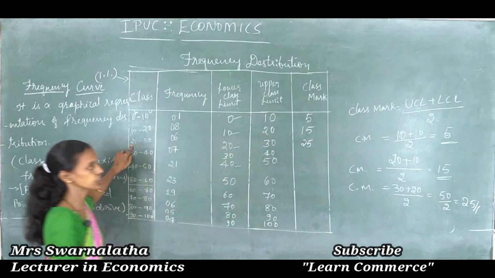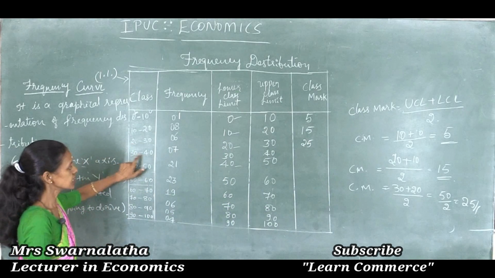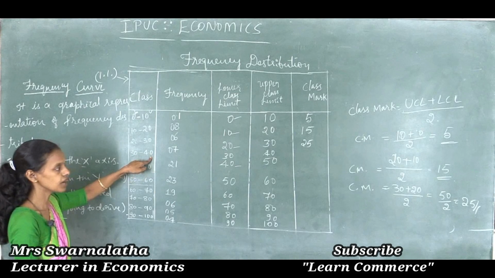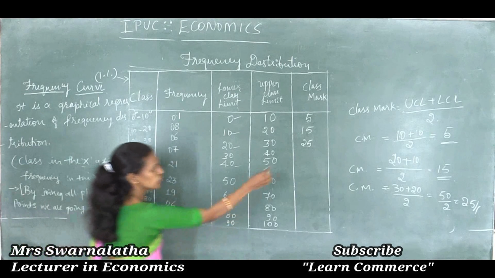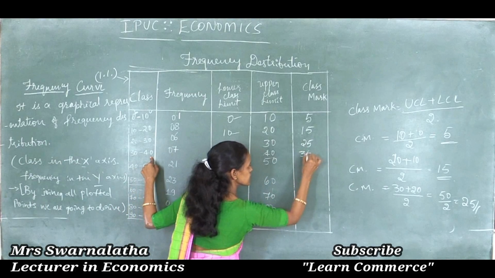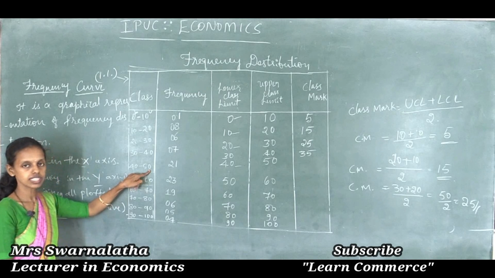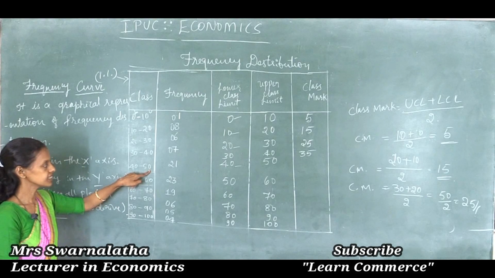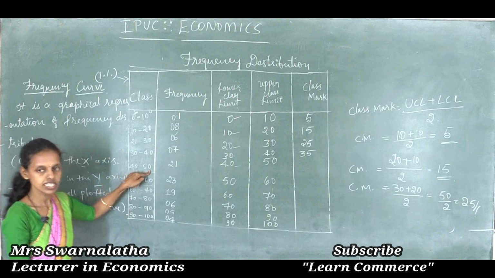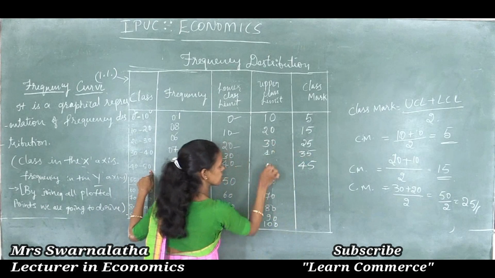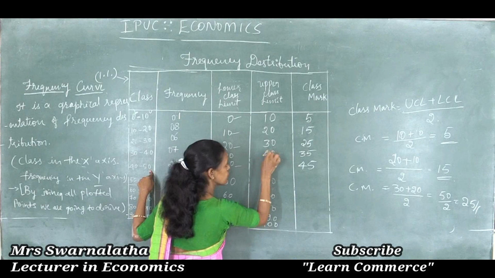In the same way we find the class mark for 30 to 40: 40 plus 30 is 70, 70 divided by 2 is 35. Again 40 to 50: 50 plus 40 is 90, 90 divided by 2 is 45.